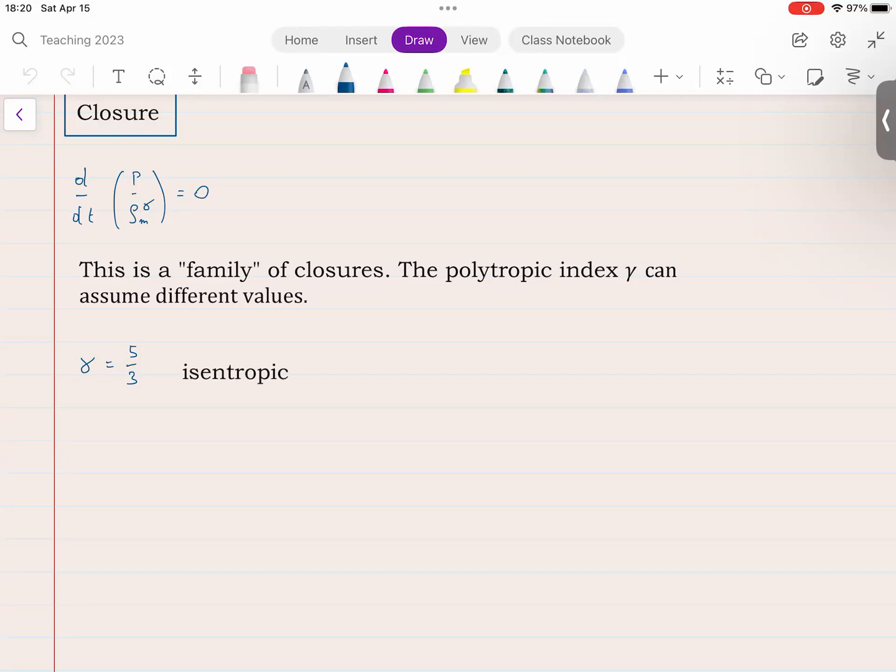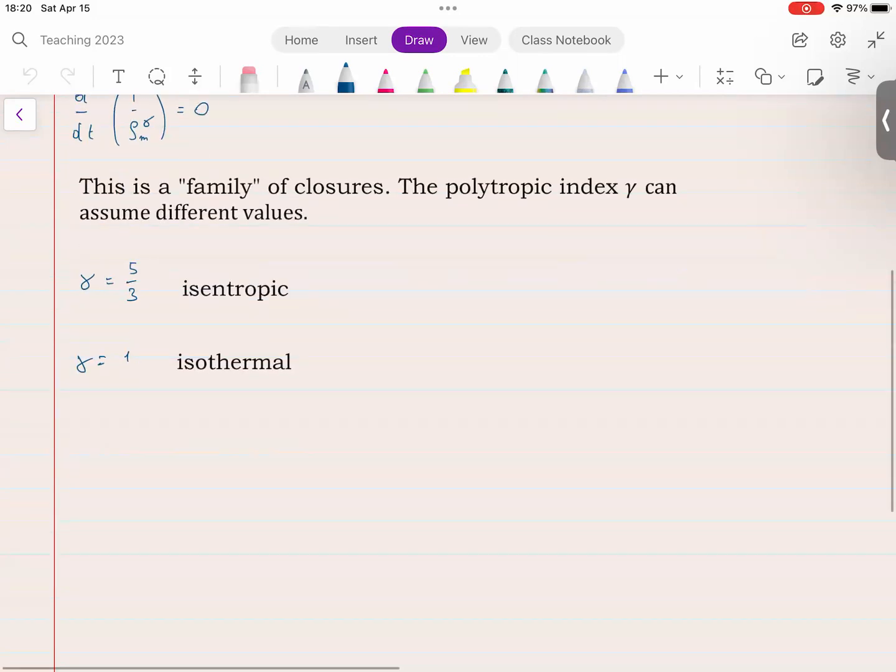If we set gamma equal to 1, that will be an isothermal closure. Isothermal because the temperature of the plasma is not going to depend on time. P over rho, or P over N for number density, is proportional to the plasma temperature.